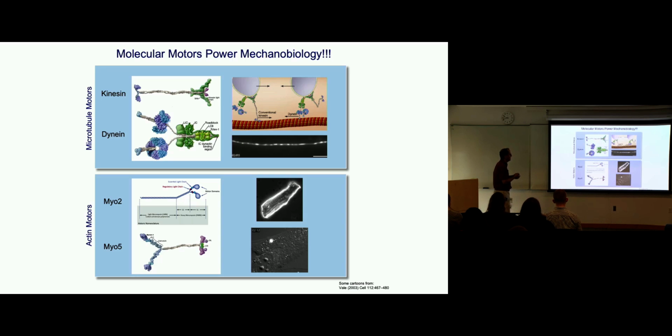So mechanobiology is powered by these motors, and these motors respond to force. Even in those adhesion complexes we're talking about, and these conformational changes in these proteins that set off signaling events, the myosin motors themselves adapt their power outputs in response to mechanical load.